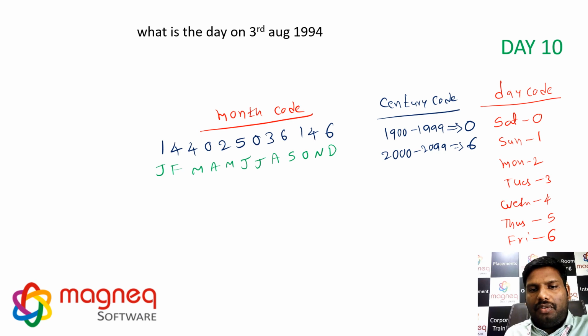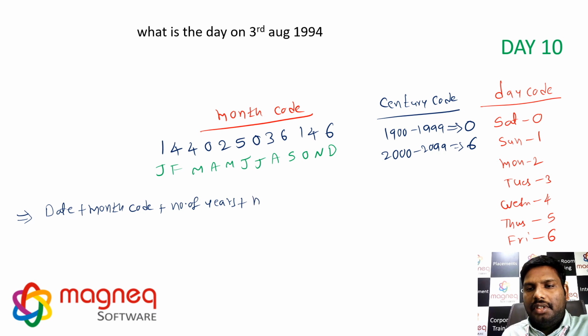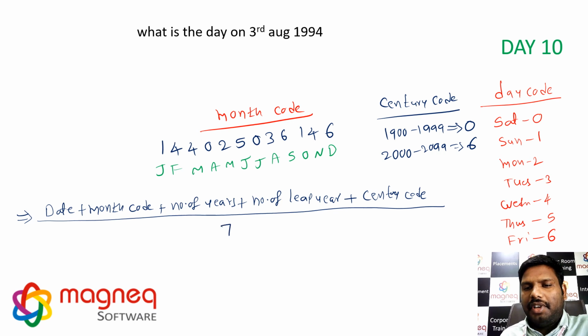So next important formula: date plus month code plus number of years plus number of leap years plus century code, all by 7.